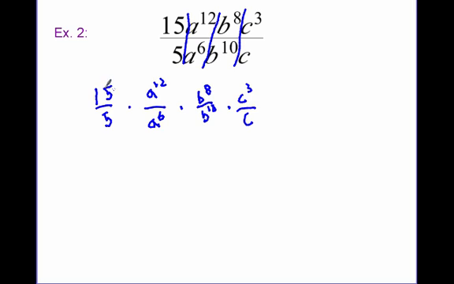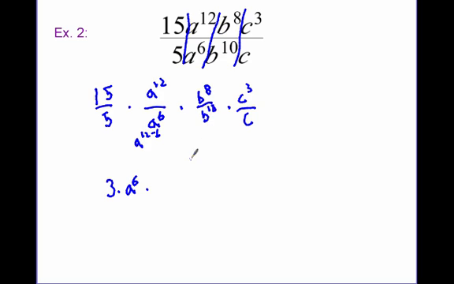All right, well, 15 over 5, that's 3. A to the 12th divided by a to the 6th, that's a to the 12 minus 6, which is a to the 6th. 12 minus 6 is 6.